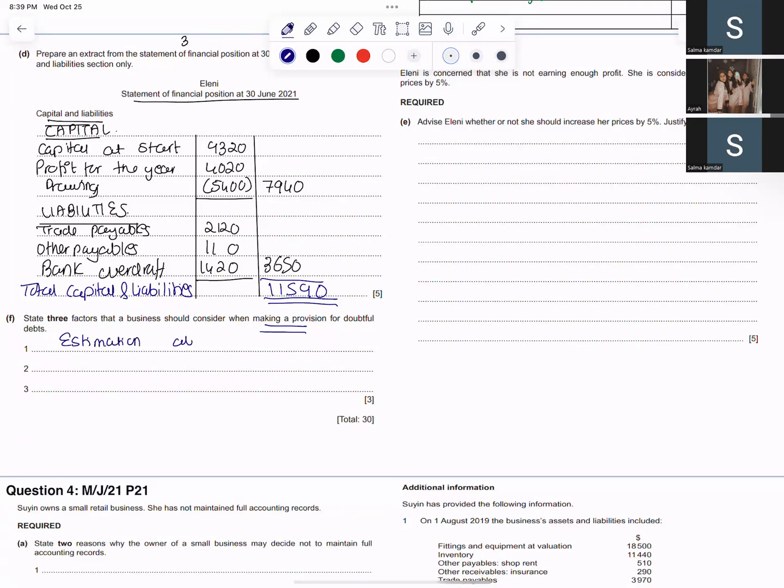And you will create a provision only if you have a good amount of profits. If you don't have profits, you will not create any provisions, you will not keep aside profits. So the other factor that you can consider while making a provision for doubtful debts is profits available, and your credit sales.